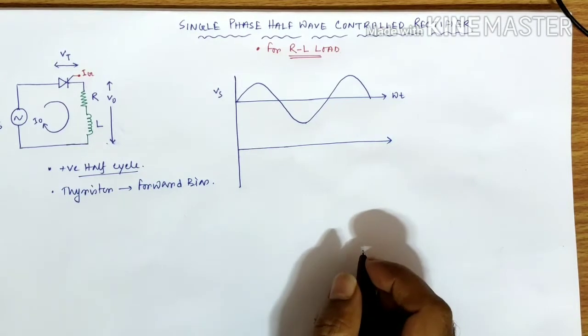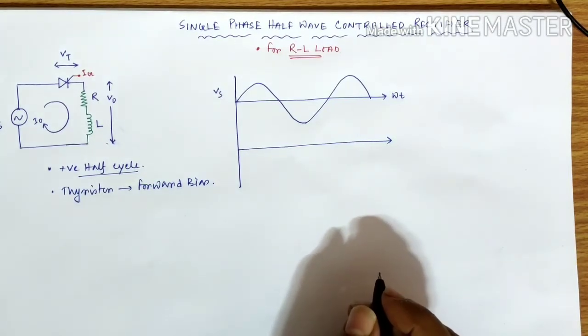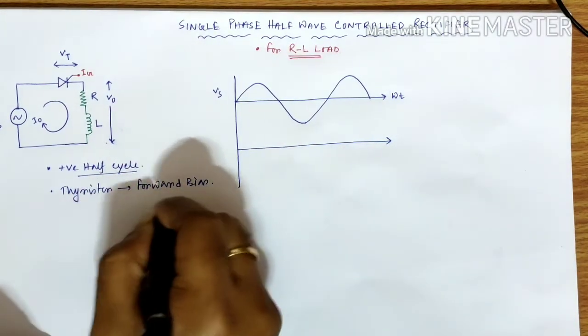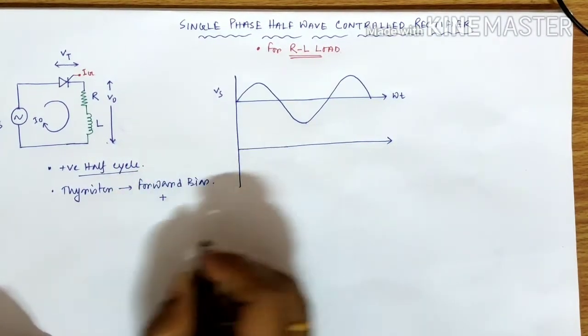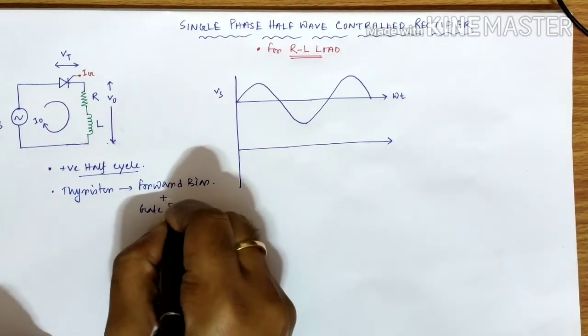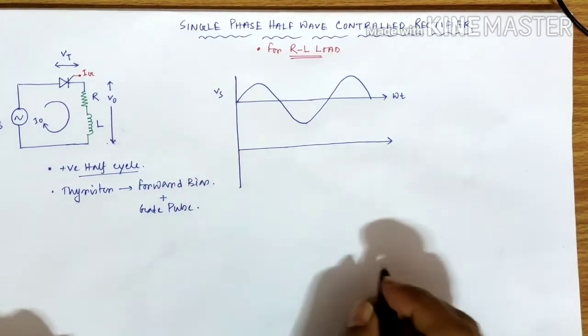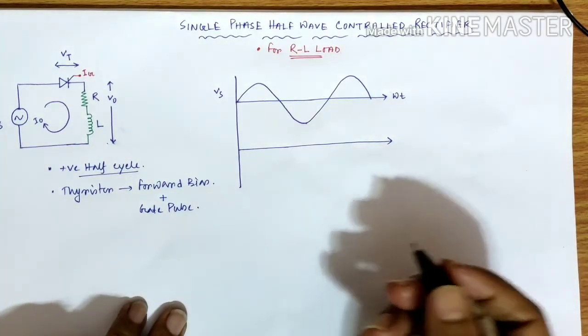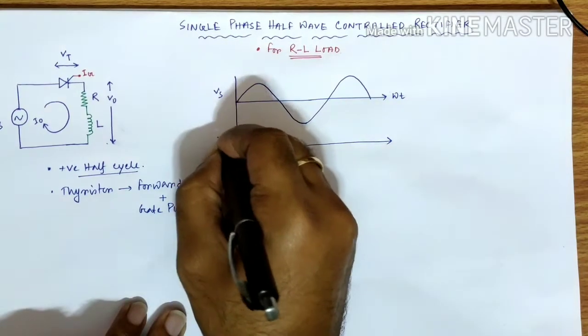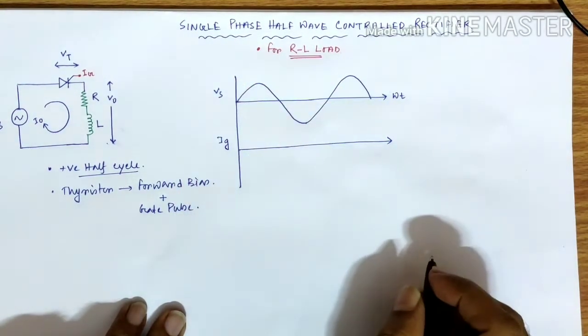But we know, as this is a thyristor device, even if it is forward biased, the thyristor cannot conduct. If we want to turn on the device, then we need to provide a gate current. So to turn it on, along with the forward bias, we need to provide a gate pulse. The gate pulse will produce a gate current, that is the Ig we have taken as the gate current.